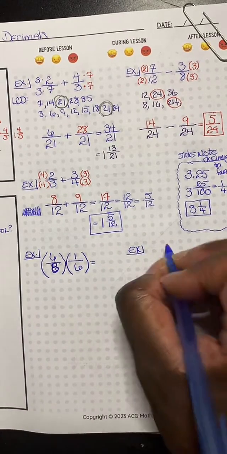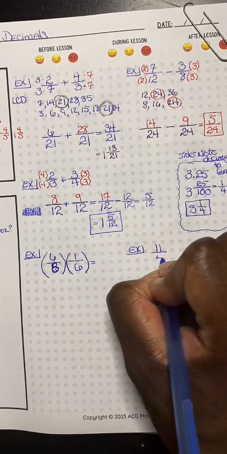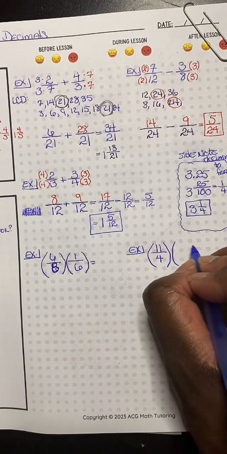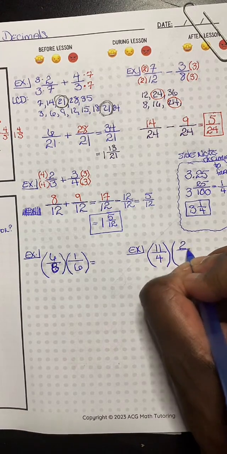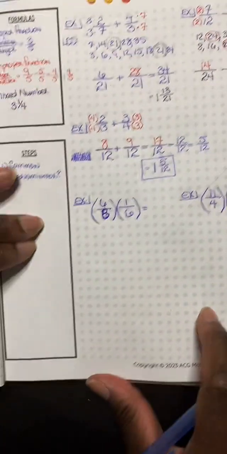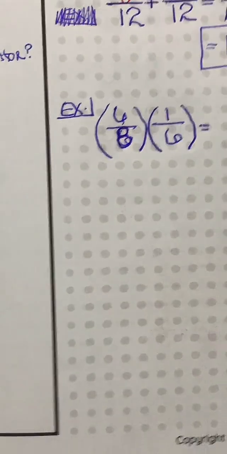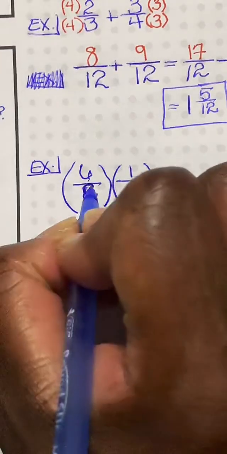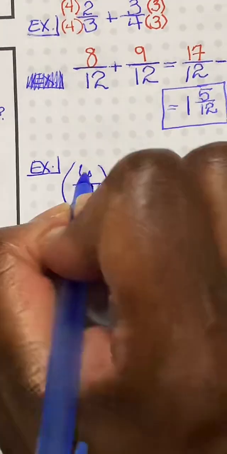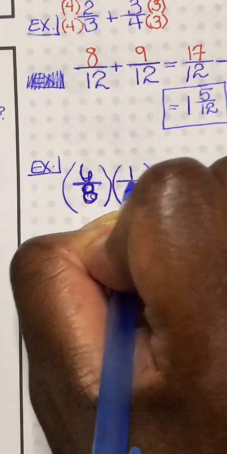And then the other one is going to be 11/4 and 2/3. I'm not using the x. X doesn't mean multiplication anymore. We need to stop using it. I'm going to show this one of two ways. The first one is supposed to be an 8, sorry. So 6/8 times 1/6.